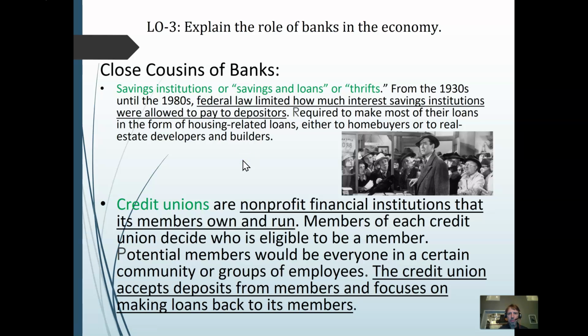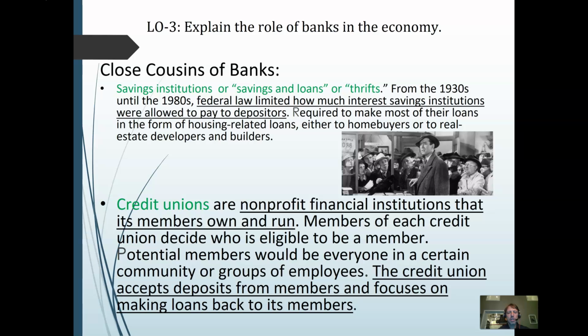So a close cousin to banks are savings institutions, credit unions in particular are around more today. You might have seen It's a Wonderful Life, the Christmas movie, and in that, a savings and loans is potentially going out of business. Credit unions are nonprofit institutions. They look similar to banks, but the people who deposit money are called members.